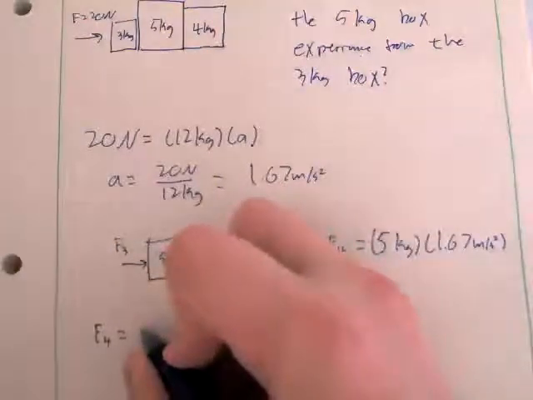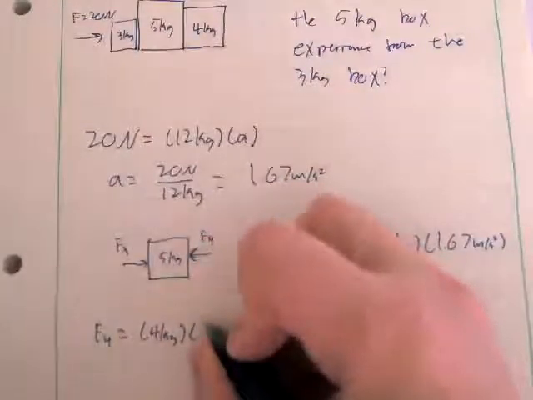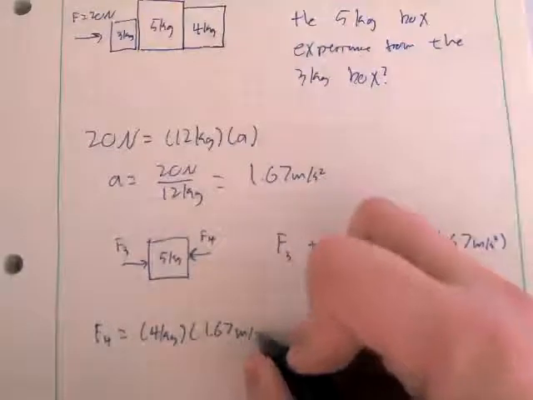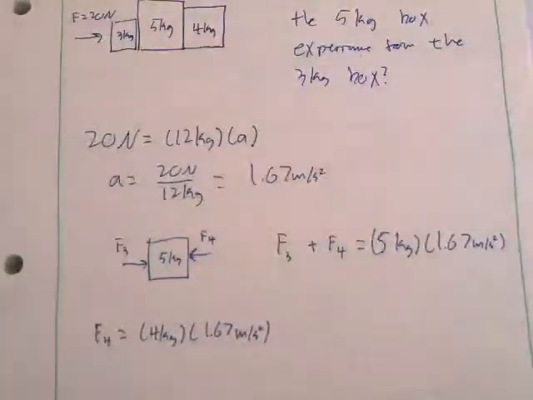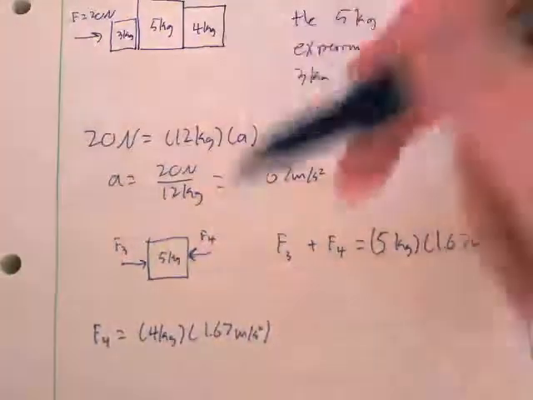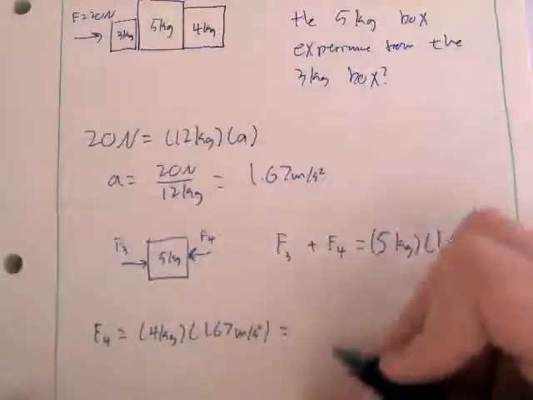And so we can say that this is equal to 4 kilograms times 1.67 meters per second squared. So now this is the force that the 4 kilogram box is experiencing from the 5 kilogram box, right? It's just the one force being pushed on it.